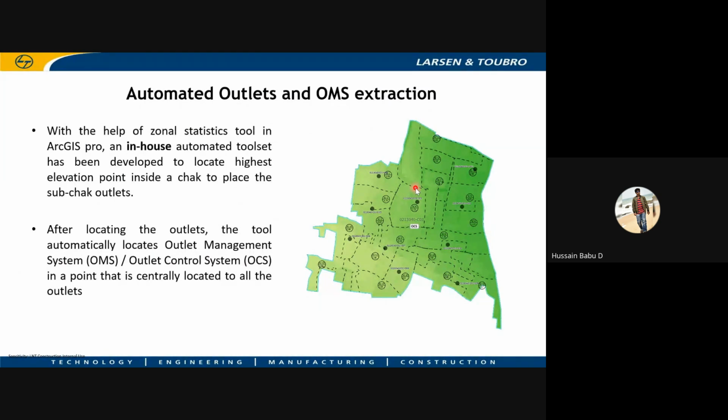But by taking advantage of these DEMs from LIDAR survey, we can automate this process, so it accurately places these outlets at each check, and accurately places the outlet control system centrally to these points, based on spatial analysis. And all this we will be calculating through the zonal statistics technology in GIS.